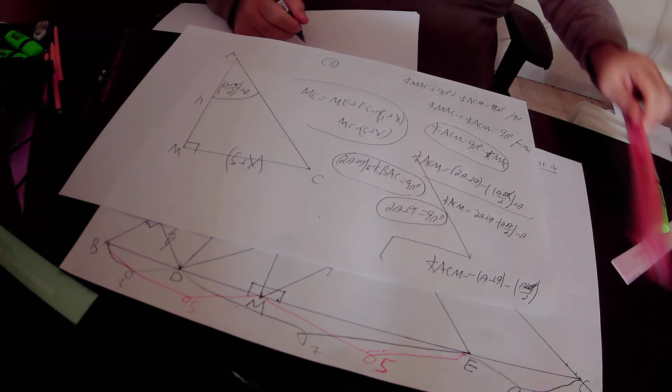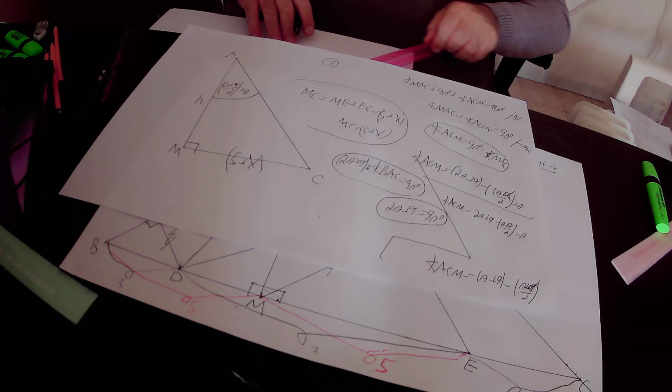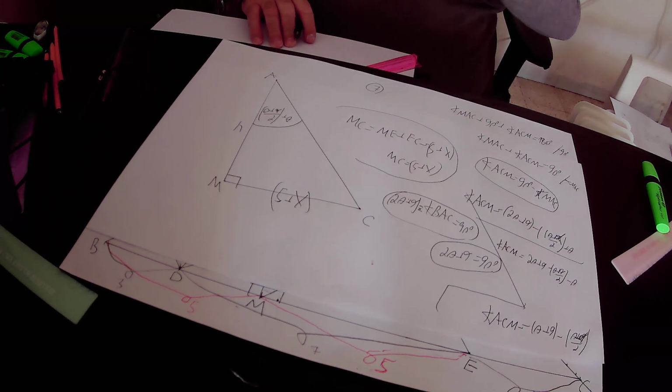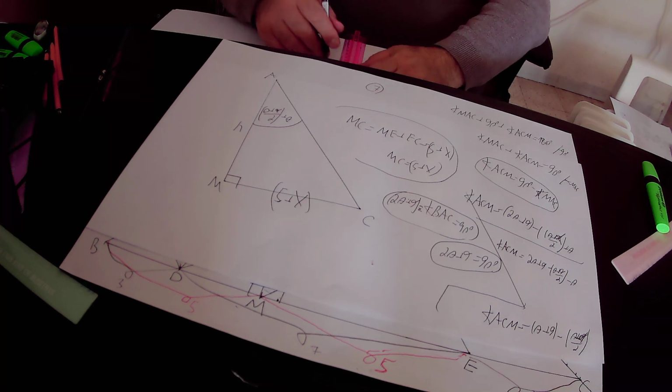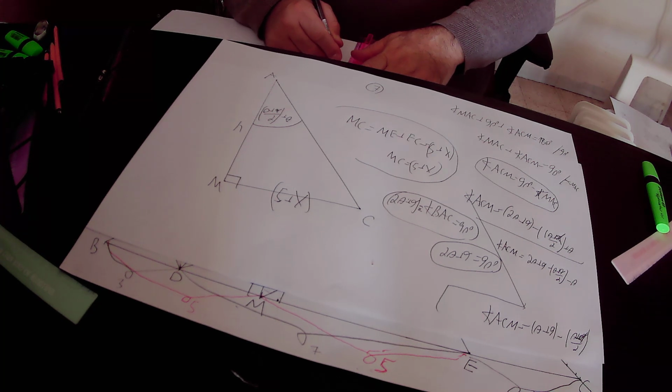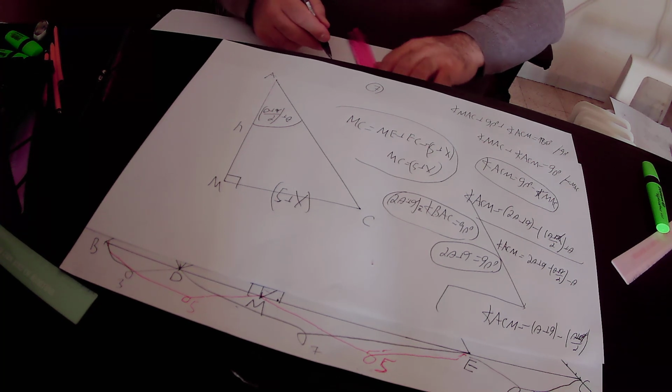So here I will draw again the right triangle, triangle ACM, and we will put the value that we found for angle ACM in this right triangle.